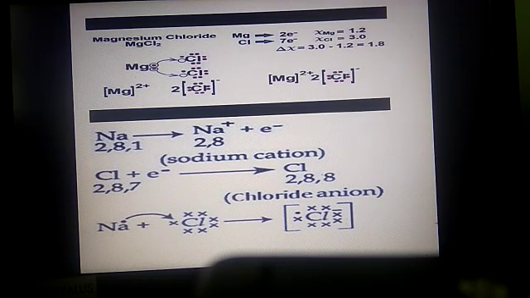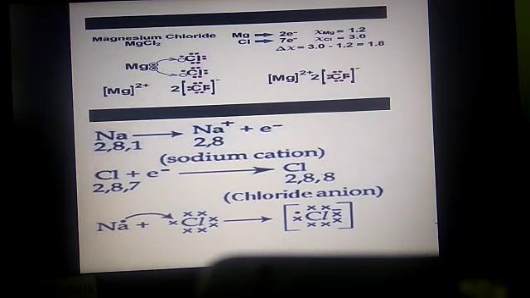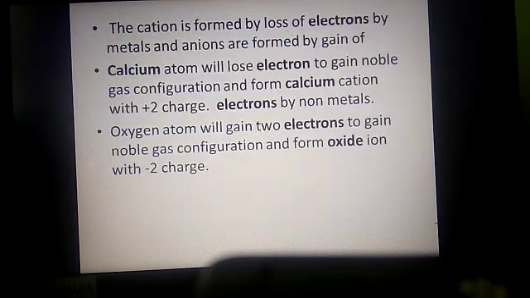Magnesium with chlorine gives magnesium chloride. In the same way, in sodium chloride, sodium gives 1 electron to the chlorine atom, where it is 1 unpaired electron, thus it forms sodium chloride.